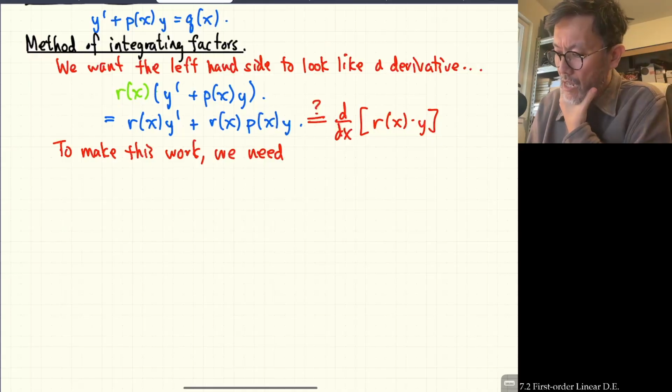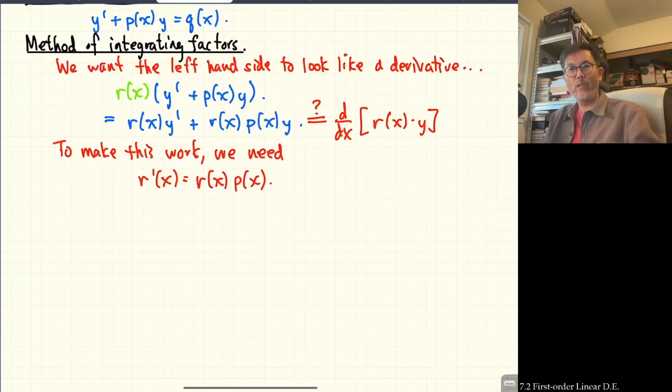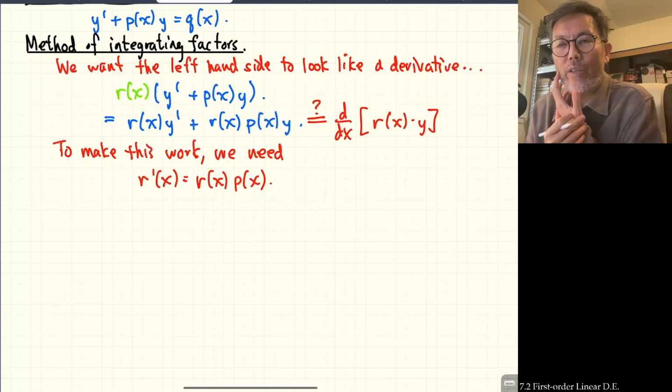So could you imagine if we had r prime of x equal to r(x) p(x)? That would be amazing. Wouldn't it be nice if that was the case?